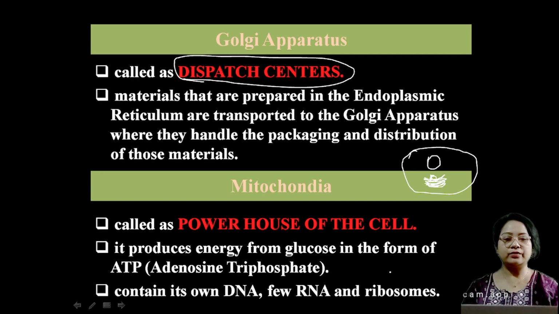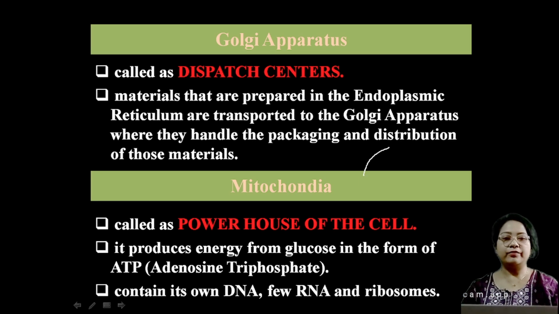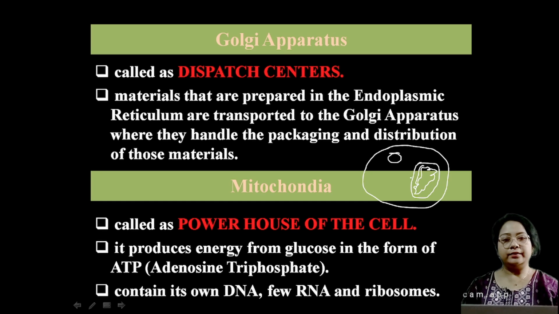Then comes the mitochondria. Suppose this is the cell, this is the nucleus, you can find the mitochondria here. They are also double membrane bound structures. They are called the powerhouse of the cell because they produce energy in the form of ATP, that is adenosine triphosphate.